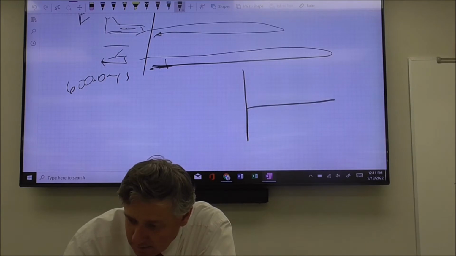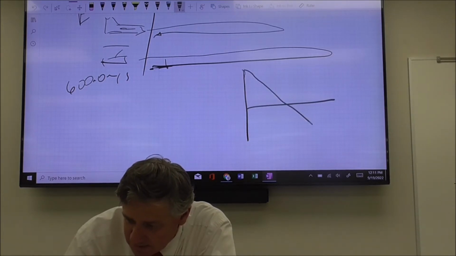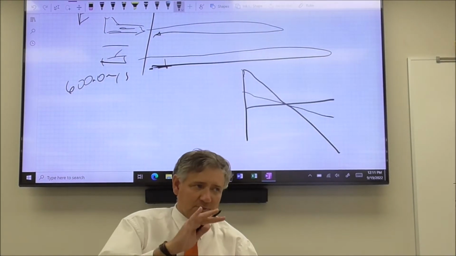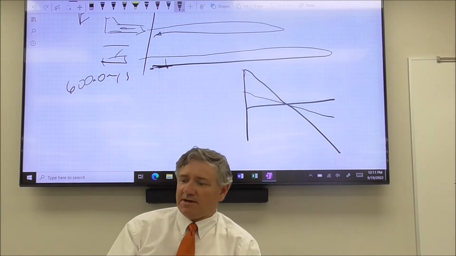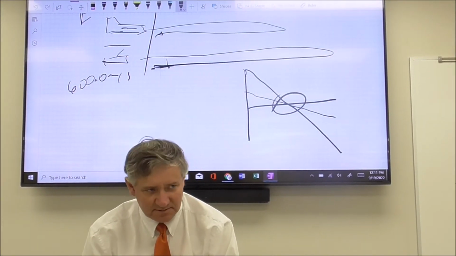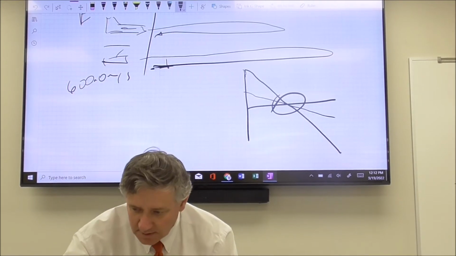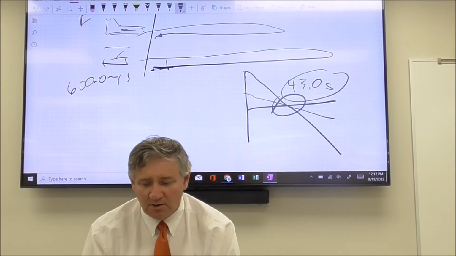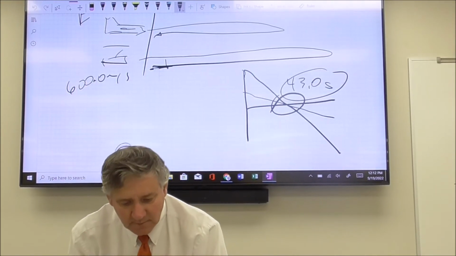Basically, you're going to have 2 lines that go something like this. Okay? There you go. That's what it's going to look like. And how long is it going to take to get to that point where the velocity goes to 0? 43 seconds.